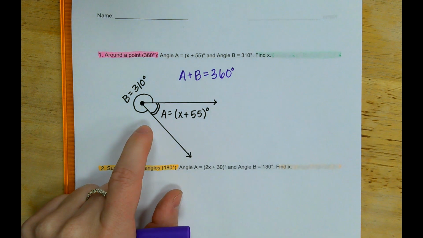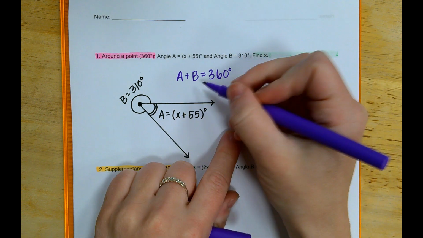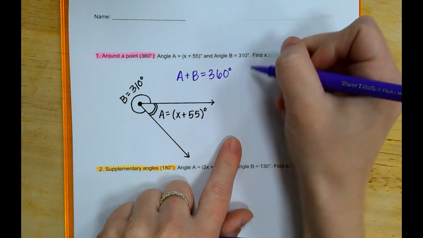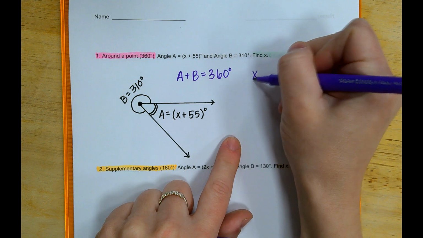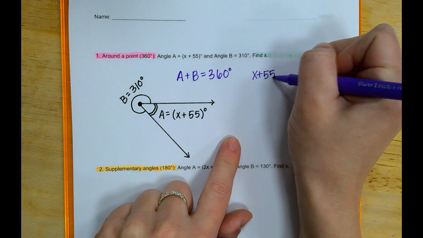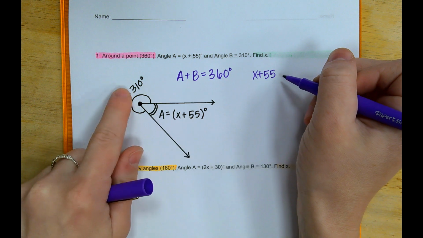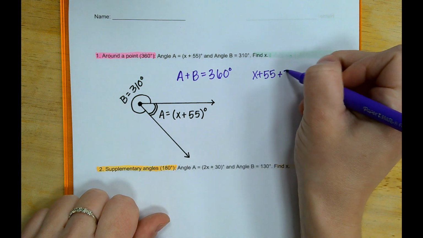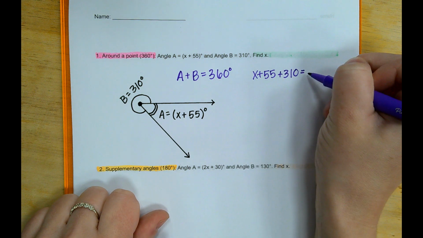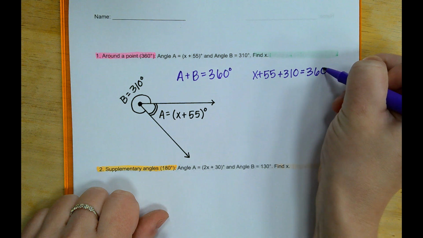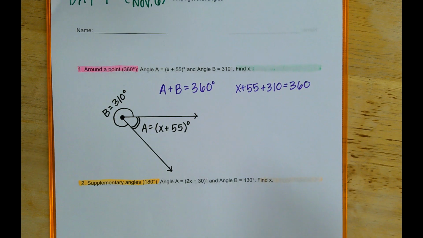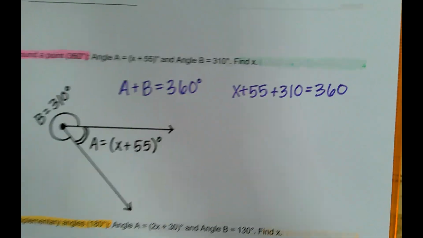I know you did that step in your head. So we're going to just rewrite A as x plus 55, plus B, which is plus 310, equals 360. Is that kind of what you got?